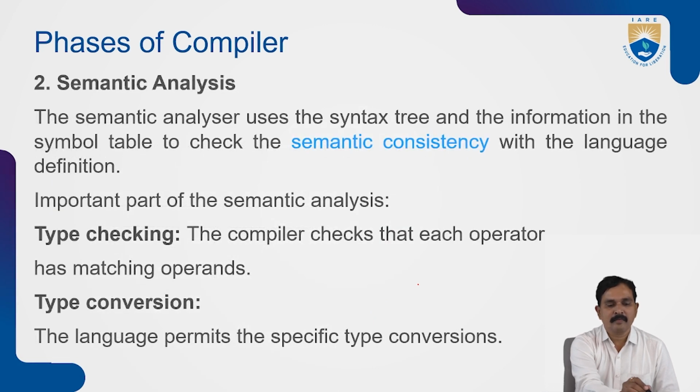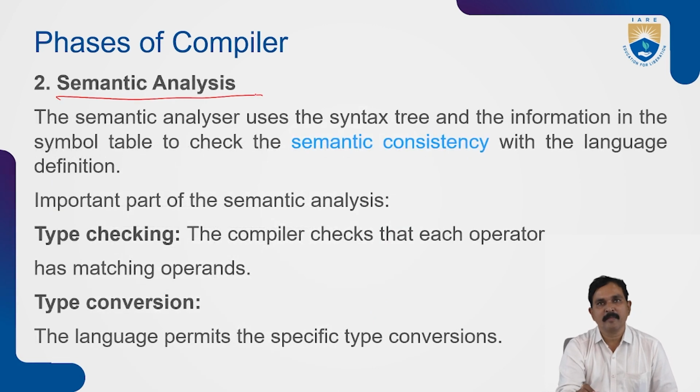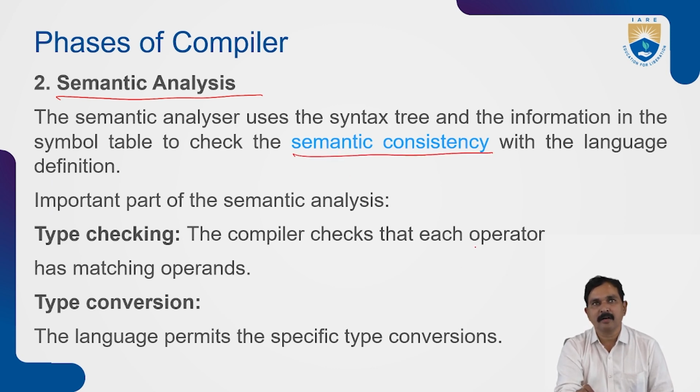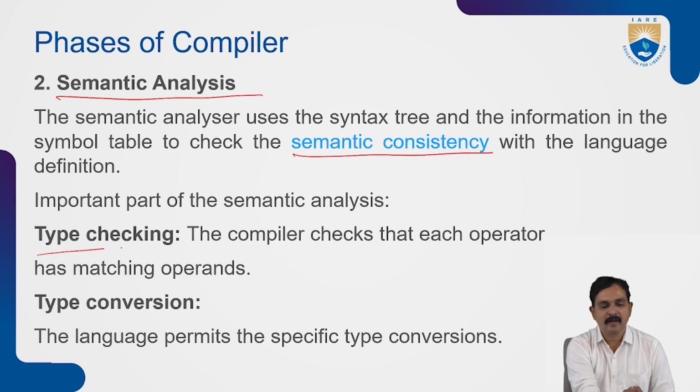Now we go to the third phase, semantic analysis. Here you are looking only for semantic consistency, because syntax verification was already done in the previous phase. The important parts of semantic analysis are type checking and type conversion.